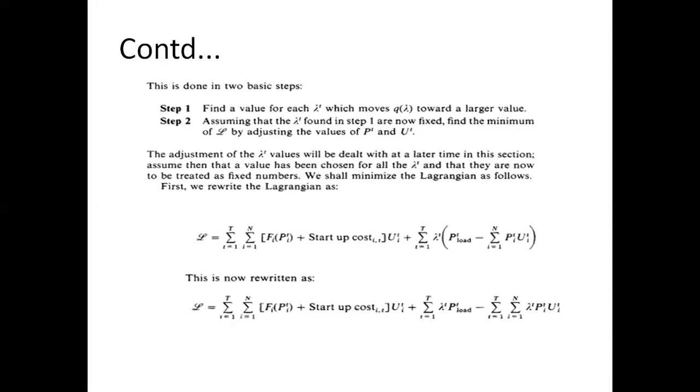The Lagrangian function can be rewritten as the summation over t equal to 1 to T, the entire time period, and the summation over i equal to 1 to N, the entire set of units, of the total cost function, that is F_i(p_it) plus the startup cost S_it times u_it, plus the summation over t equal to 1 to T of lambda_t times (p_load to the power t minus the summation over i equal to 1 to N of p_it u_it). That is the total Lagrangian function.